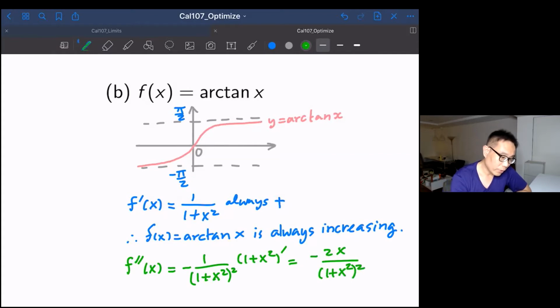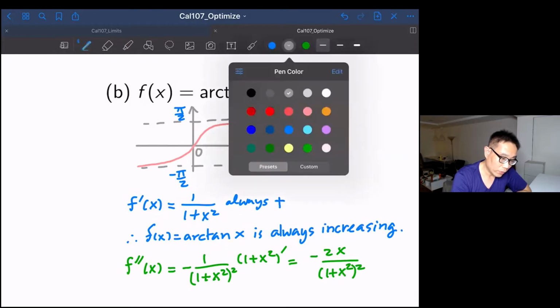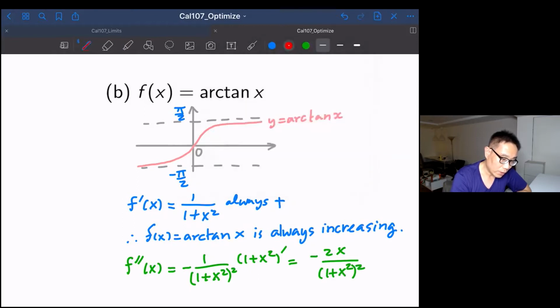And you see from the graph, if you draw the tangent line, you would get something like this. In this interval, it's going to be upward.